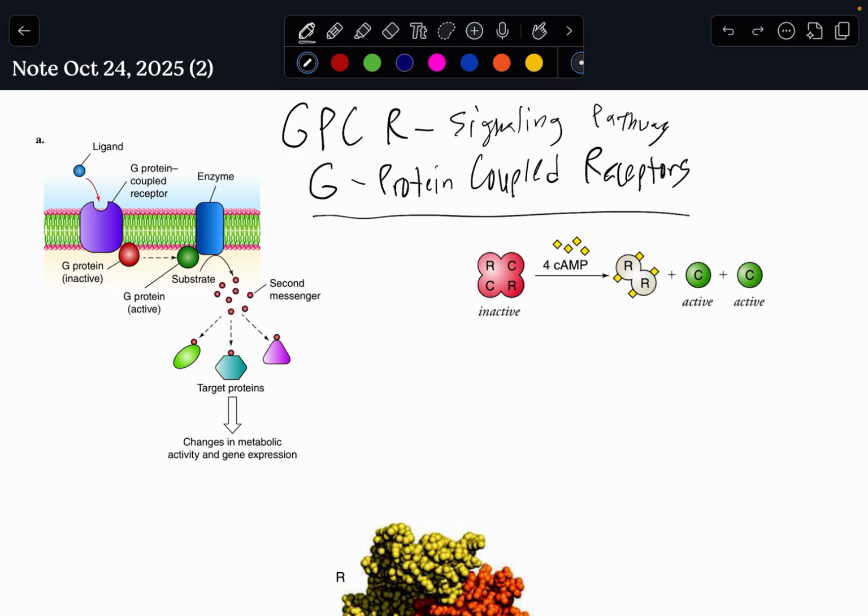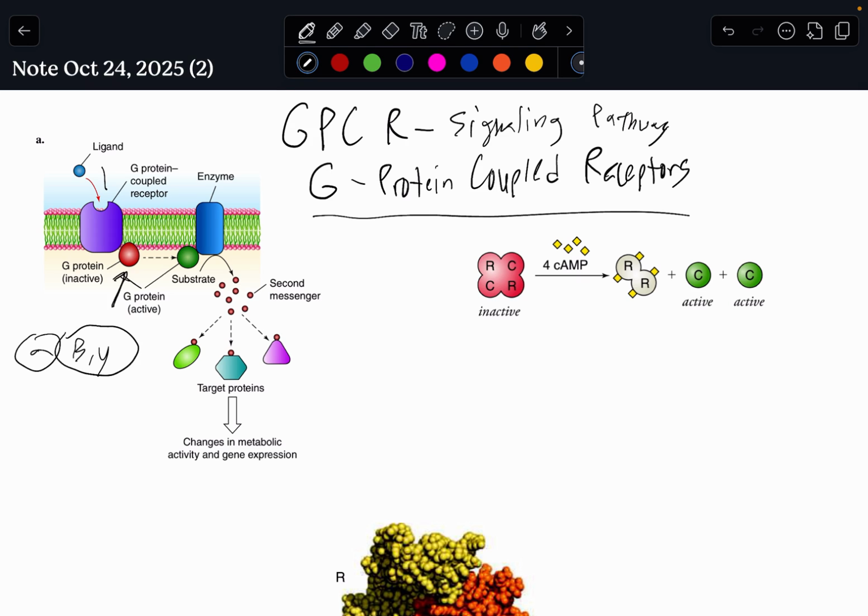And that is very important because it's called a G protein coupled receptor because in the inactive state, we have this G protein right here. The G protein has an alpha subunit and it has a beta gamma subunit, just like that. As we can see, when inactive, it's just bound there, right next to that G protein coupled receptor.